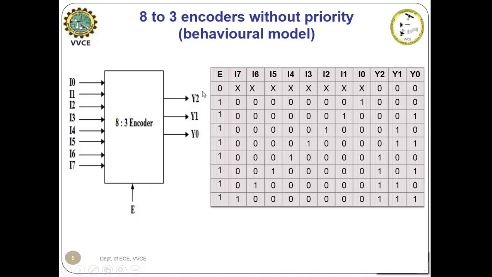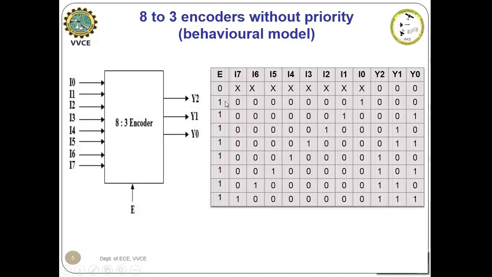I have 3 outputs, Y2, Y1 and Y0. So totally I'll be having 9 inputs and 3 outputs. The truth table of 8:3 encoder without priority is being displayed here. When enable is 0, irrespective of whatever the input is from I0 to I7, all the 3 outputs Y0, Y1 and Y2 will be 0.